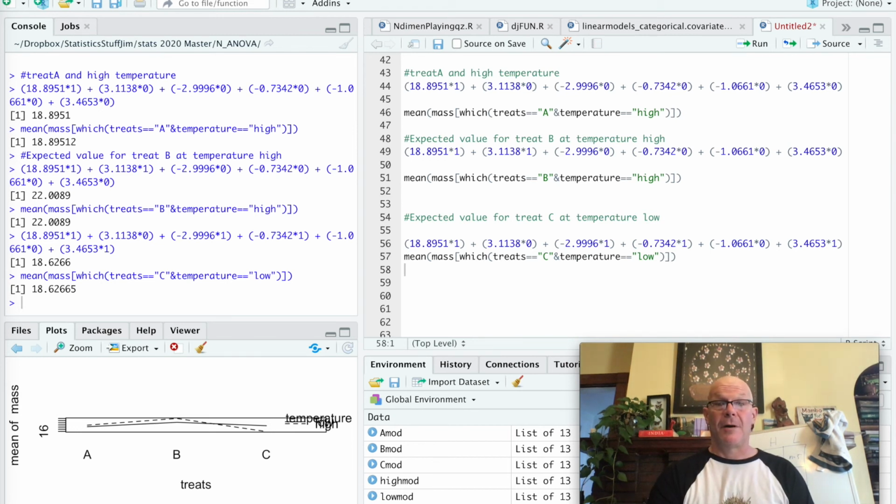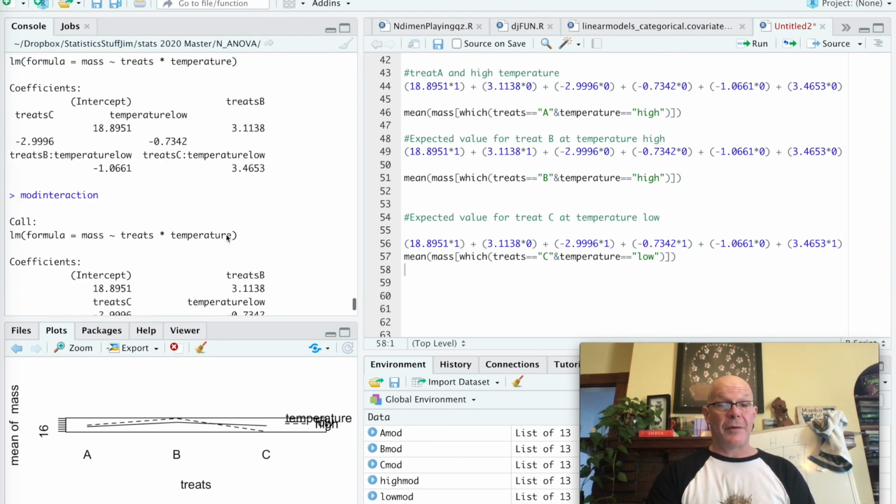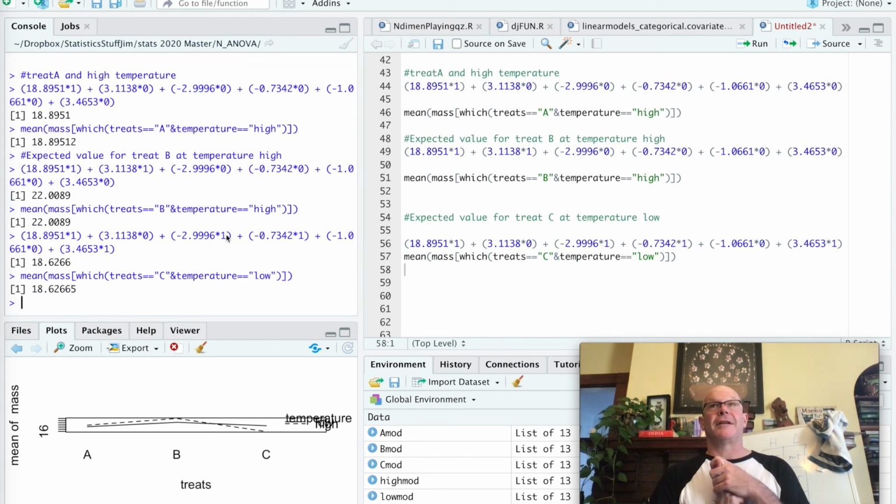So, okay, that's our model. We've talked about what was driving the significant interaction term, what to do when you have a significant interaction term, and very important, how to interpret the parameters of this factorial design ANOVA. Okay.